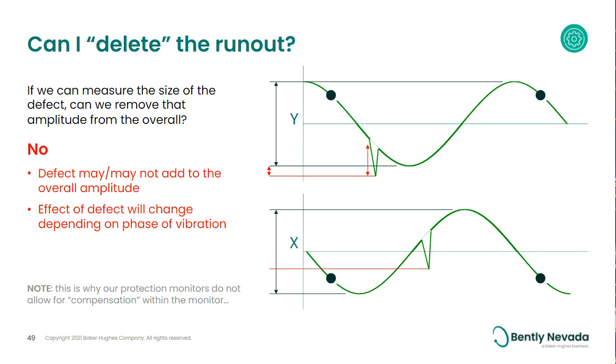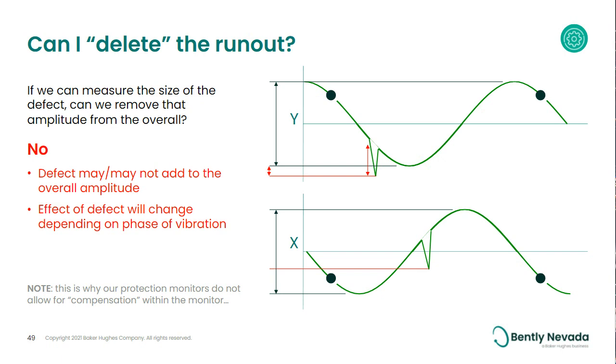we recommend. Even just visually here, just looking at something small like a scratch, depending on how it relates to the vibration in terms of phase, that scratch could artificially add to the overall peak-to-peak amplitude, as it looks there in the Y probe. You can see the point of the scratch artificially adds to the amplitude, or it may be masked by the actual vibration, as in the X probe there.